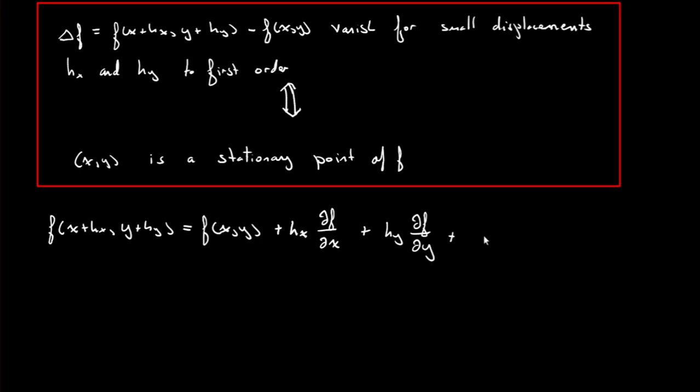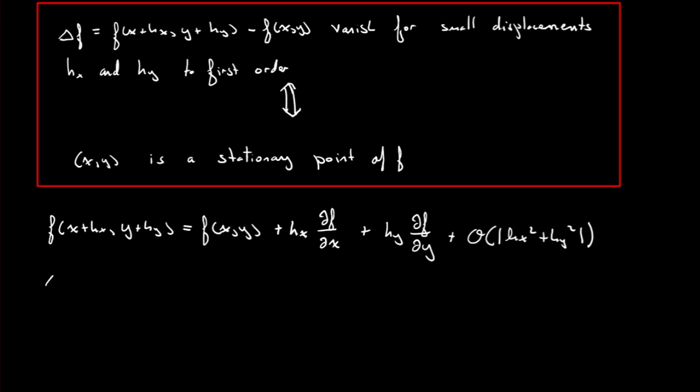We have a nice way to write that: we simply write big O of the modulus of hx squared plus hy squared, so big O times the modulus of the displacement. This encompasses any terms of order hx squared and hy squared and higher.